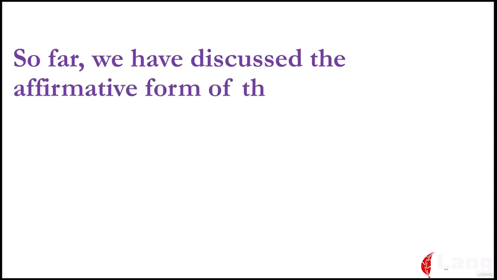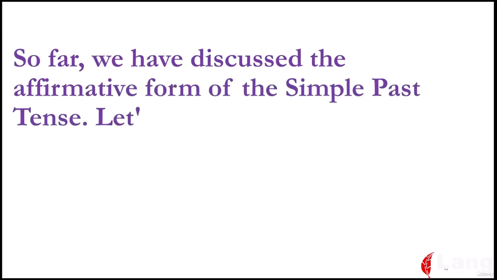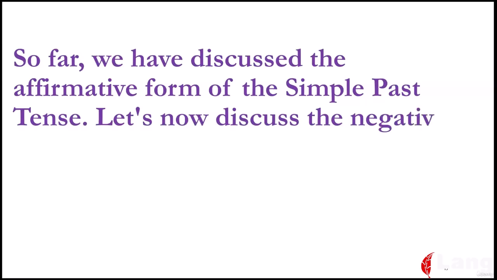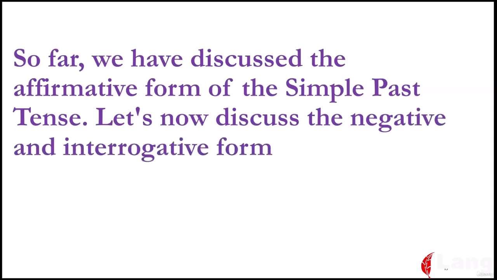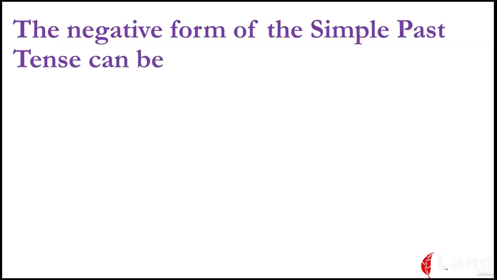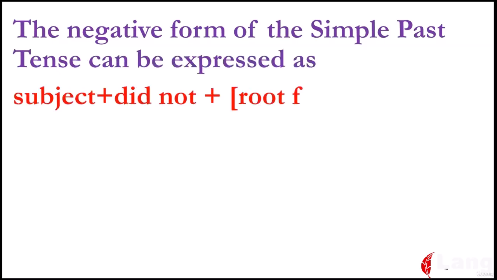So far, we have discussed the affirmative form of the simple past tense. Let's now discuss the negative and interrogative forms. The negative form of the simple past tense can be expressed as subject plus did not plus root form of the verb.